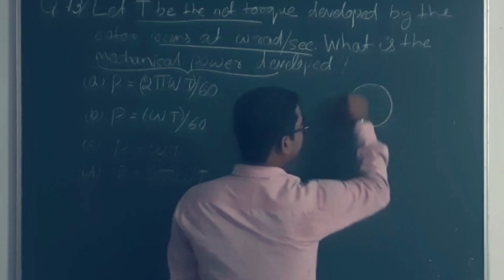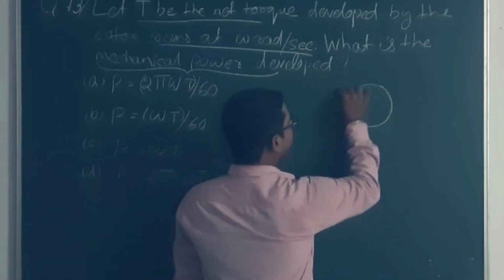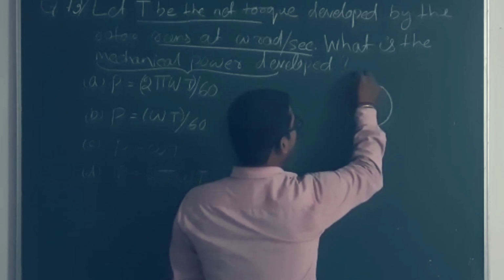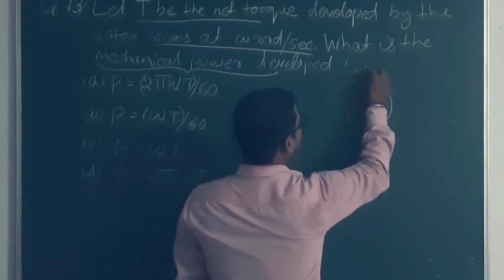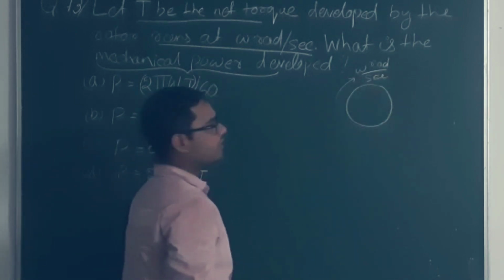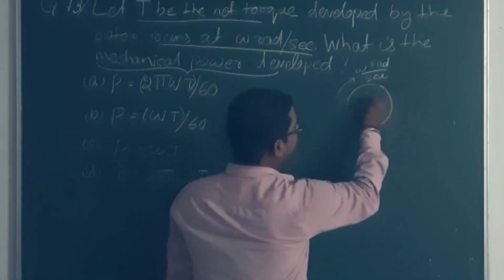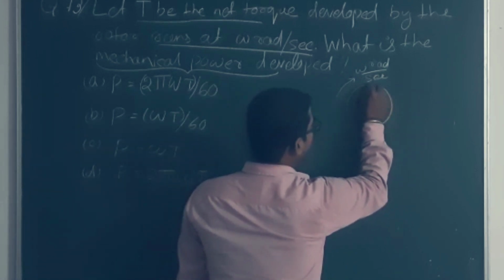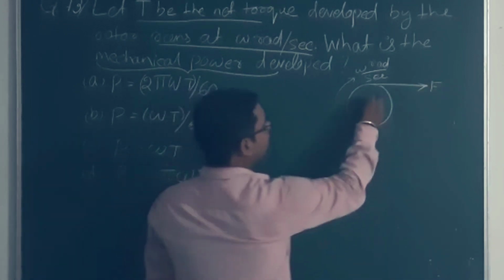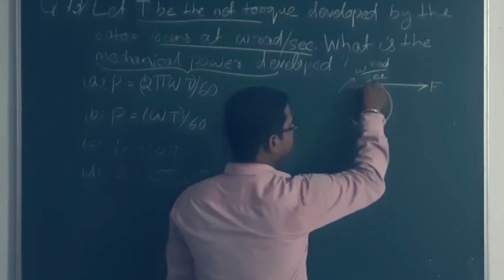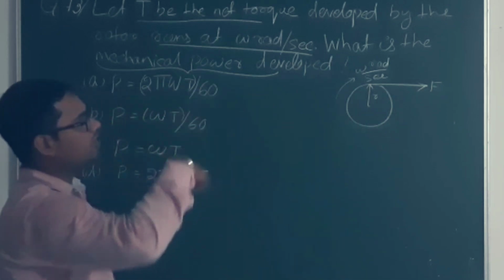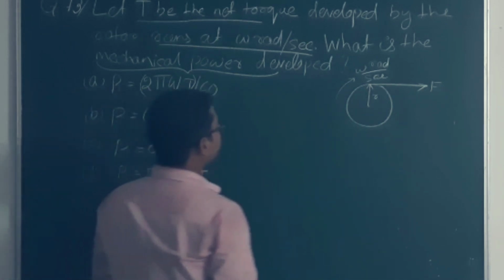If I say this is an axis of rotation, and it rotates at omega radian per second, and the force F is acting like that with radius R. This is the speed, or angular speed, omega radian per second.